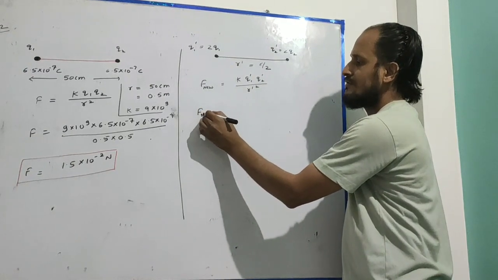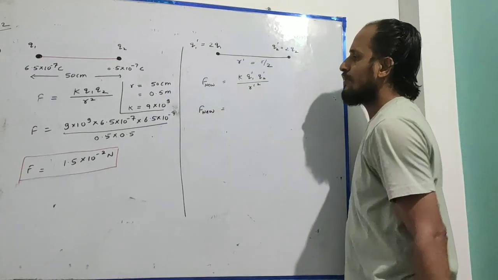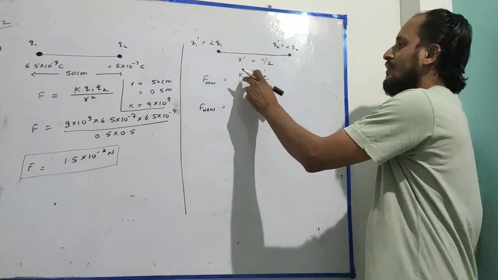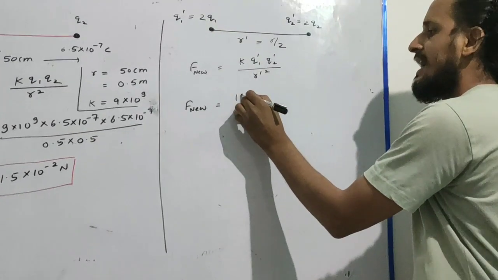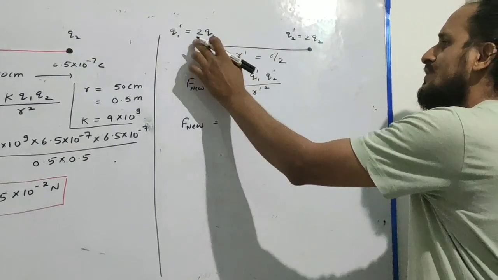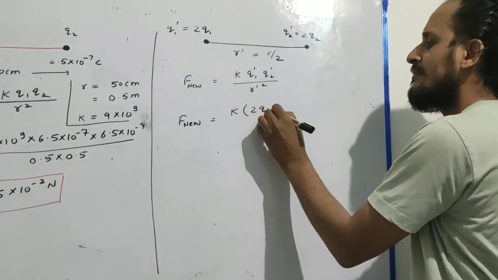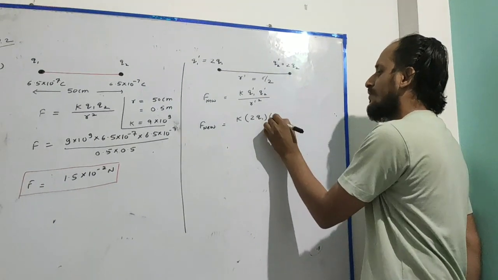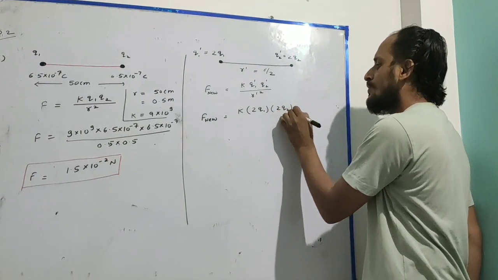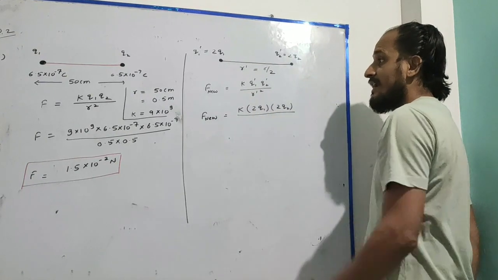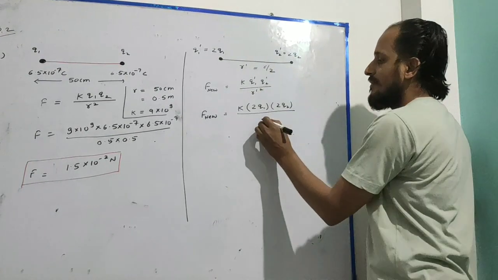Put the values. F new is equal to K, as usual, Q1 dash you can put 2Q1, Q2 dash you can put 2Q2, divided by R dash square. R dash is equal to R by 2.